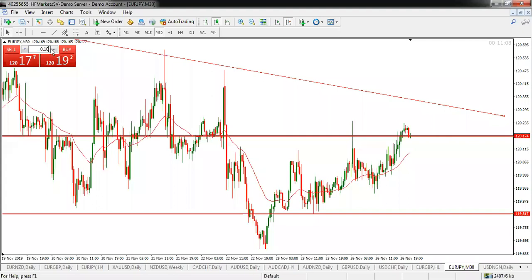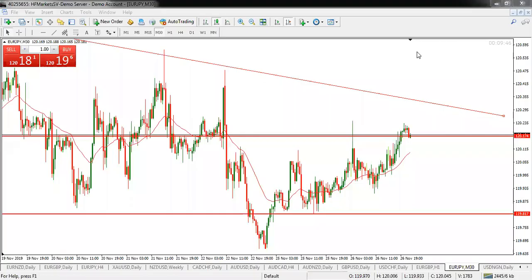So let's now say I move to standard lots. That is 1.0. I decided to take 1.0. 1.0 means... Sorry for the error, it is the network.